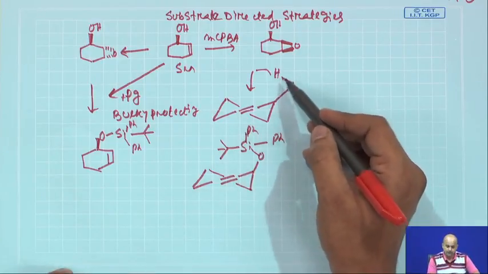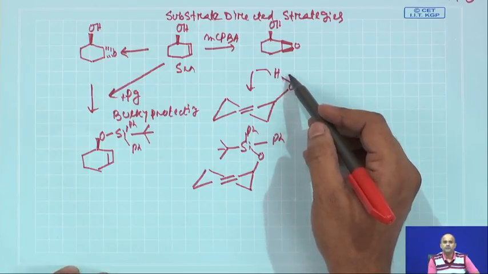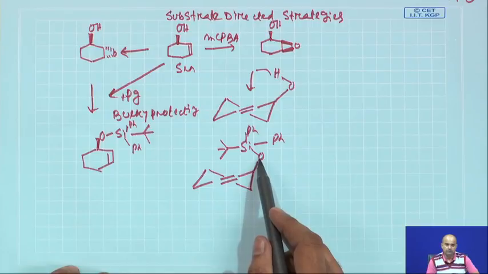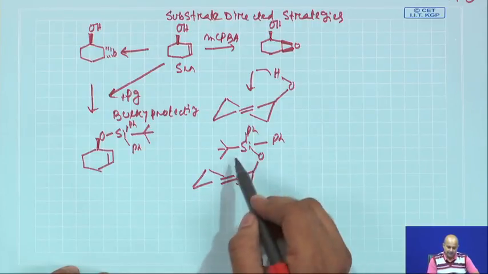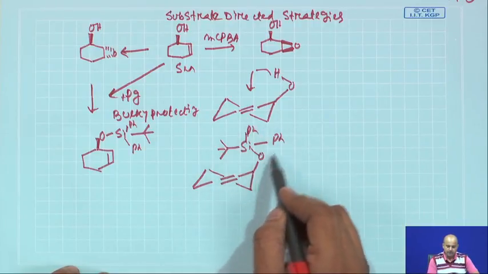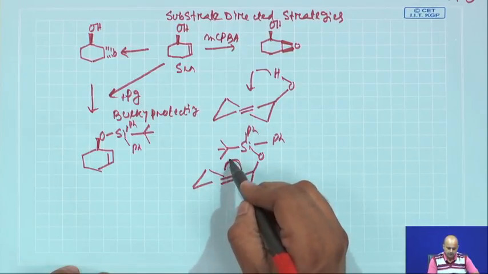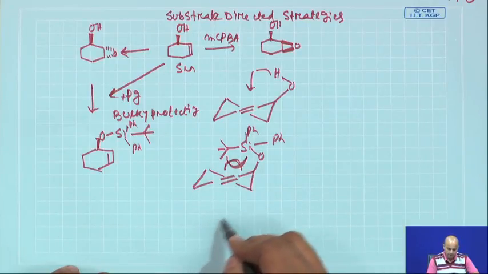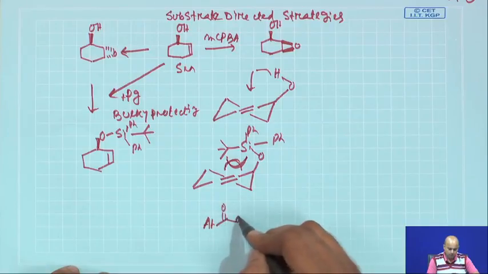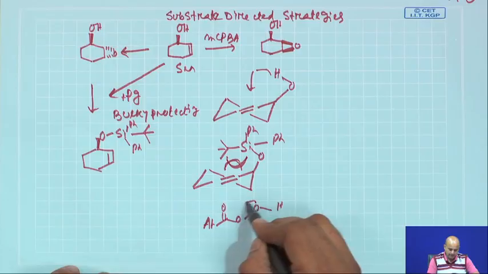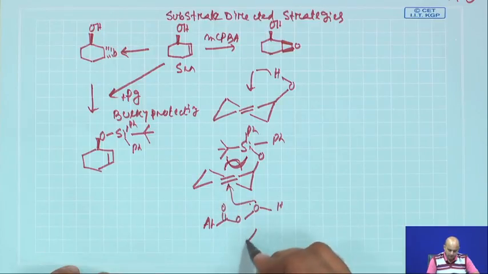In the earlier case, that free hydrogen makes a hydrogen bond with the reagent. Here this free hydrogen is now missing, and the presence of this bulky silyl protecting group effectively blocks the top face. So now mCPBA, the OOH, will effectively attack the double bond from this alpha face.